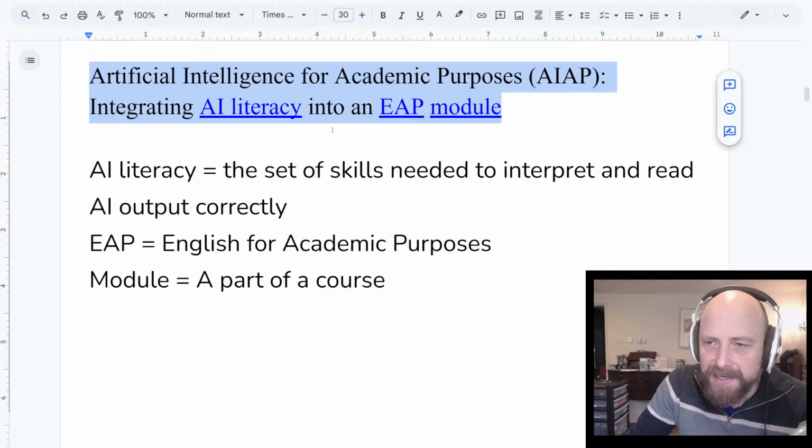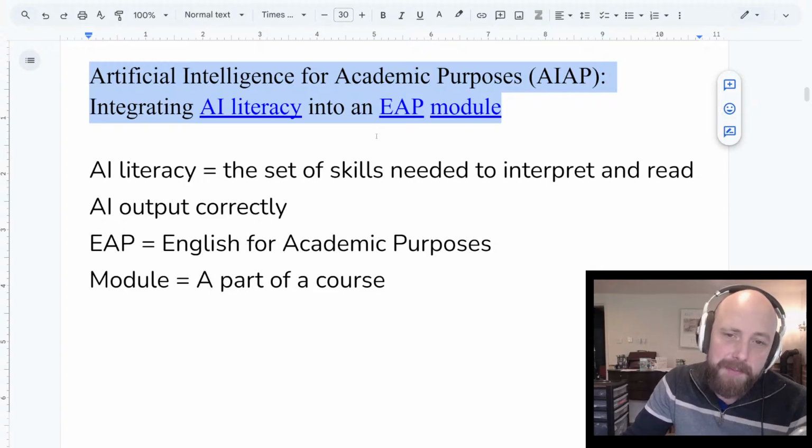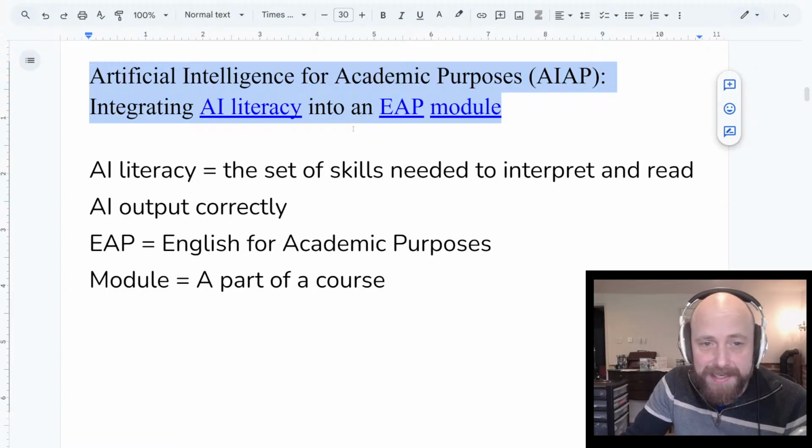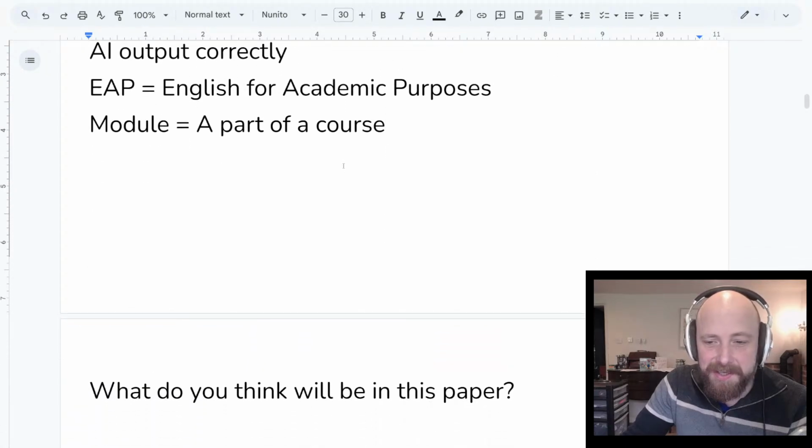Artificial intelligence for academic purposes, integrating AI literacy, that's the skills needed to interpret and read AI, into an English for academic purposes module. So basically, this is about teaching AI literacy to non-native learners of English who want to study at a British university or in an English-speaking context. So that's what the article's going to be about.